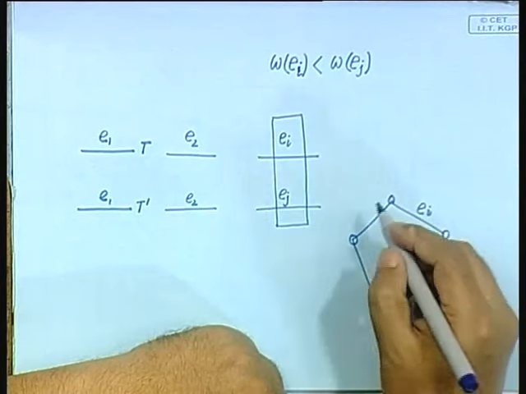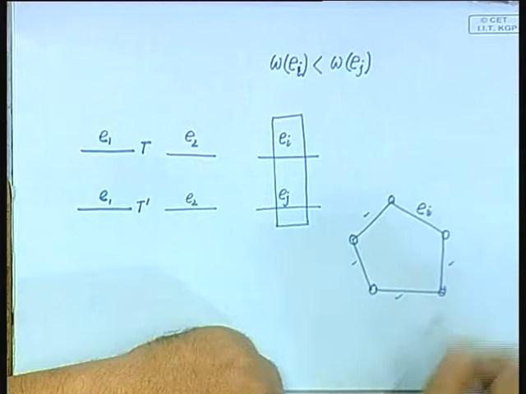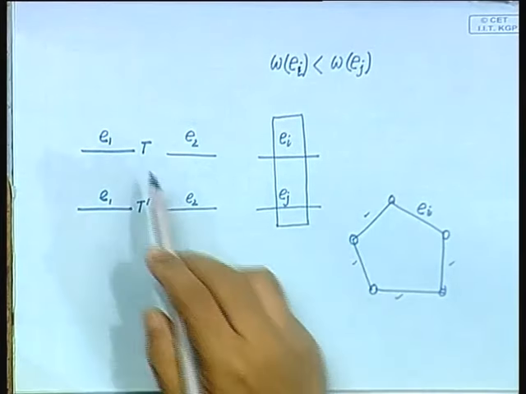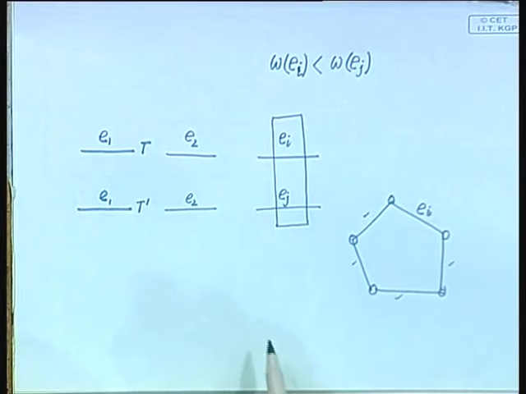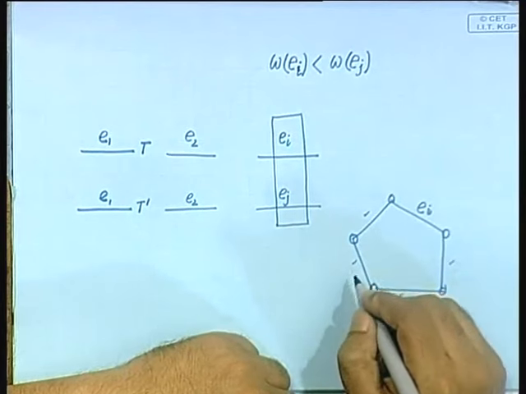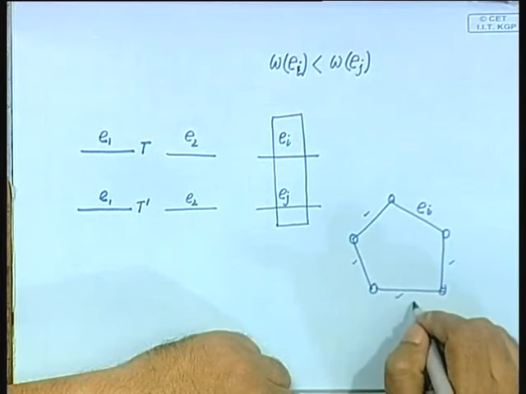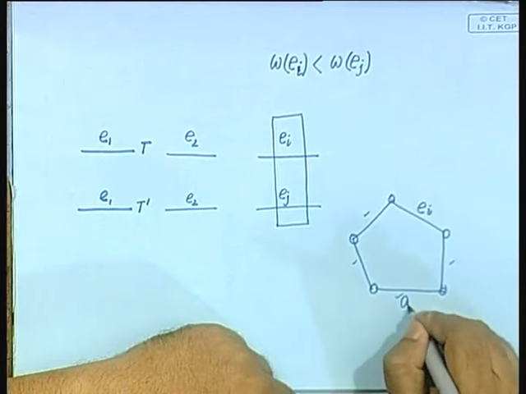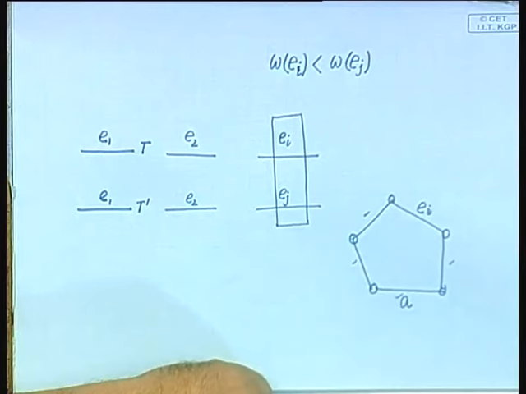Now, these edges, all of them cannot be in T, because then T will also have the cycle, right. All of them cannot be in T, right. Now, suppose there is one of them which is not in T, okay, and let us say that that edge is A, this is not in T, okay.